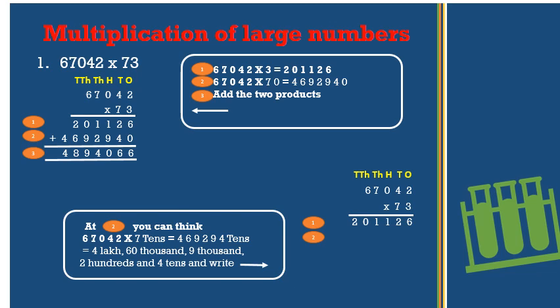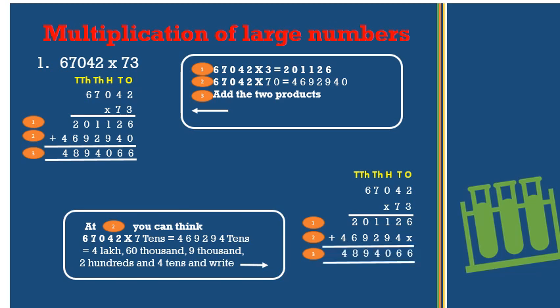So since it is 4 tens, we will write this product in the second step like this. Means 4 will be placed at the tens place, and at ones place we will not place anything. We will write a cross. Then we will add the two products as we have done in the first method.